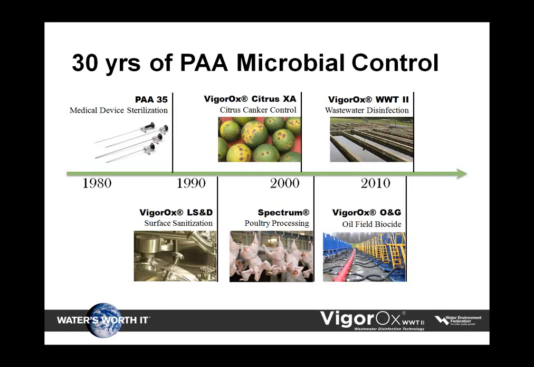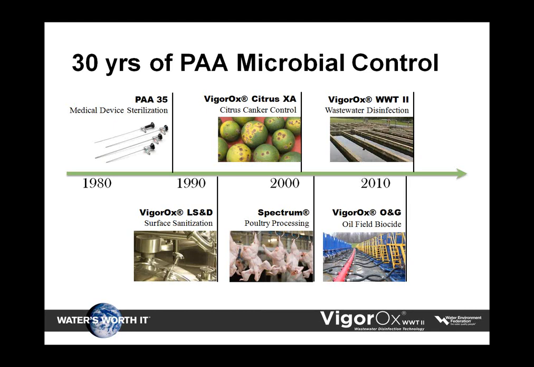We've been involved in the control of microorganisms using peracetic acid for over 30 years. Since the mid-1980s, we have been selling peracetic acid to companies like Steris and Advanced Sterilization Products for the control of bacteria, viruses, and spores on medical devices such as endoscopes.